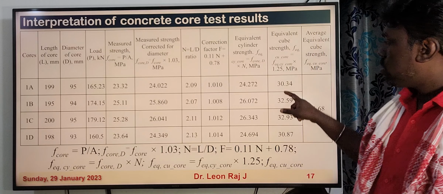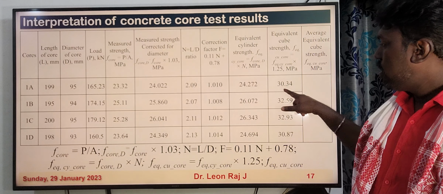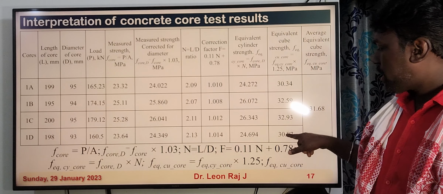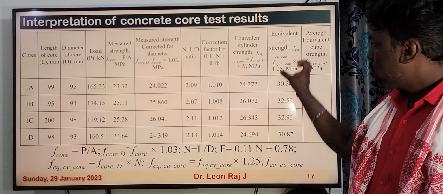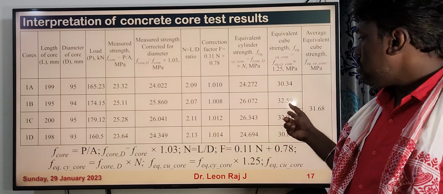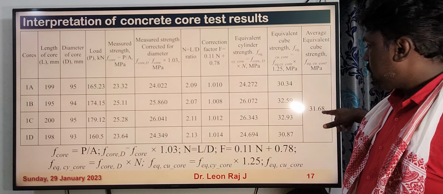You will get the equivalent cube compressive strength: 30.34 MPa, 32.59, 32.93, 30.84. So the average of these individual equivalent cube compressive strengths is 31.68.